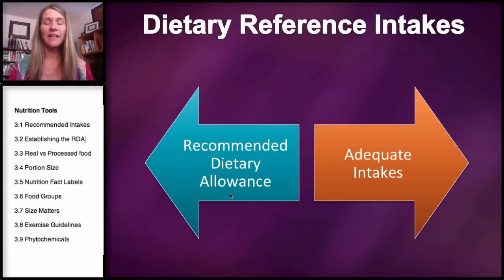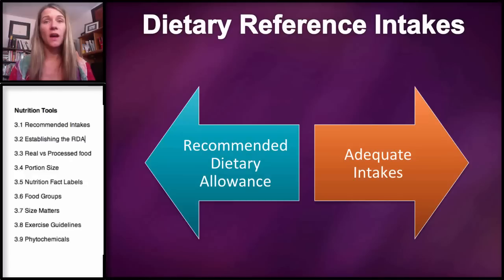The recommended dietary allowance, the RDA, is based on scientific research. A number of studies are done on, let's say, for example, the average intake that's necessary for health, for calcium, for fluoride, for chromium, for vitamin A, D, so for all of our nutrients.